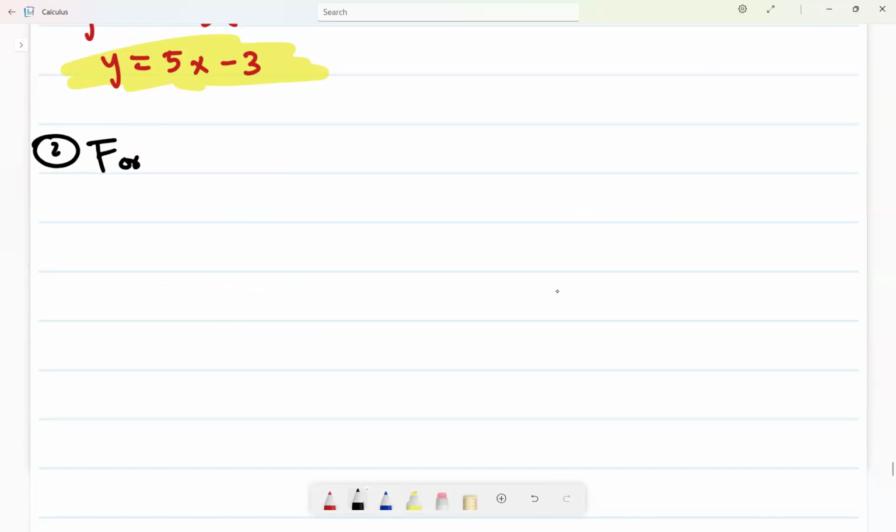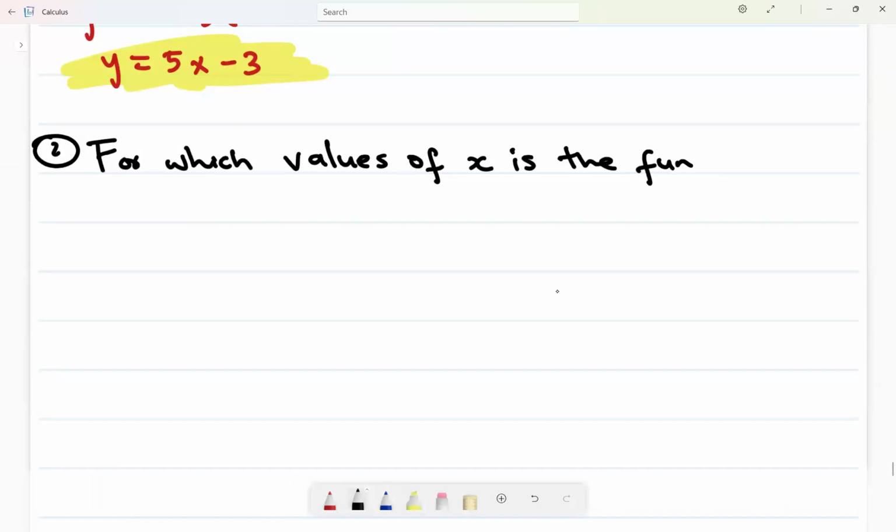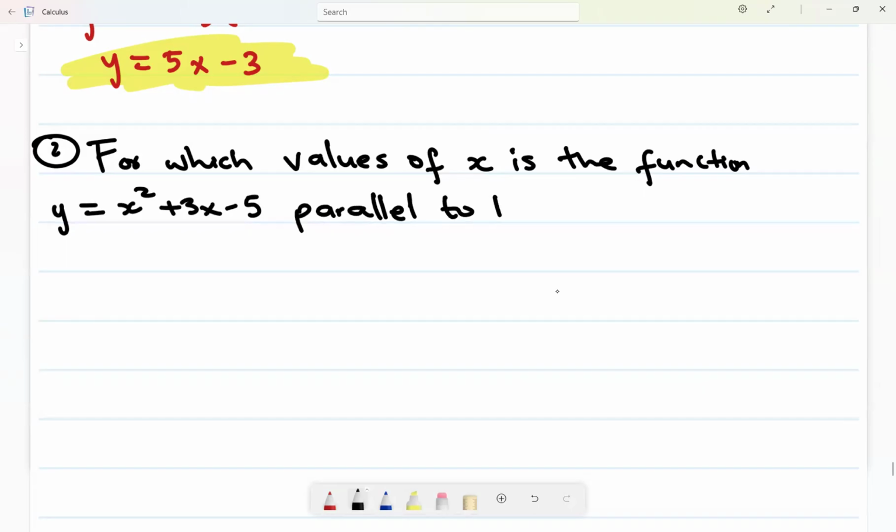for which values of x is the function y equal to x squared plus 3x minus 5 parallel to the line 3y plus 2x equal to 6.